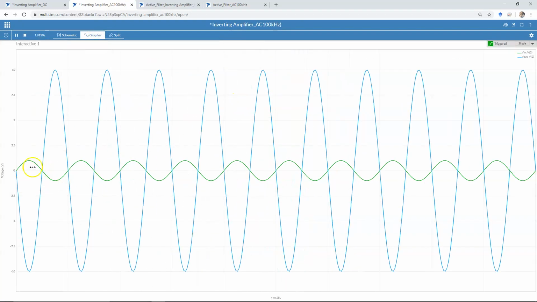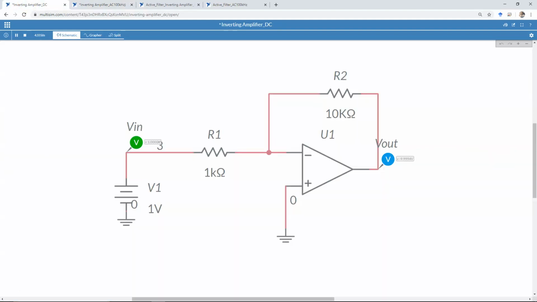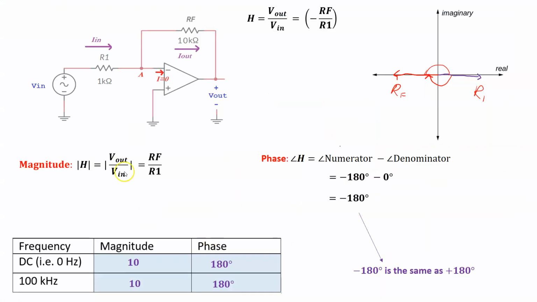The green plot is the input voltage and the blue plot is the output voltage. You see the peak of the output is at 10 volts, and the output voltage is exactly 180 degrees out of phase with the input voltage. That's exactly what we saw right here.